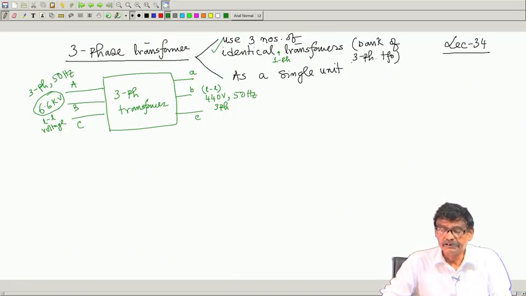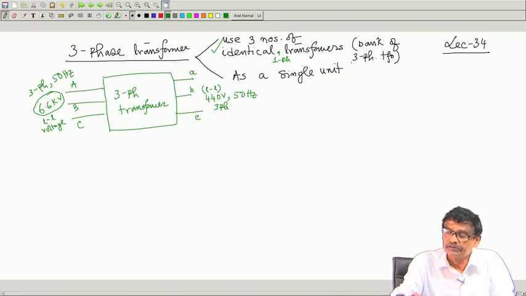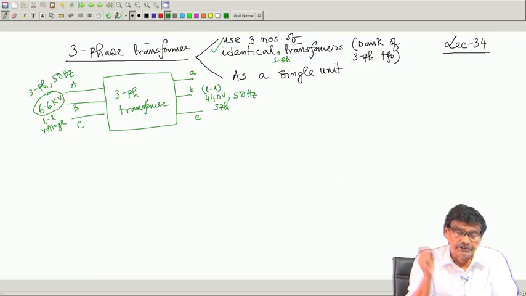When 3 single phase transformers are used, it is called a bank of 3 phase transformers. Okay. So, let us start with this.